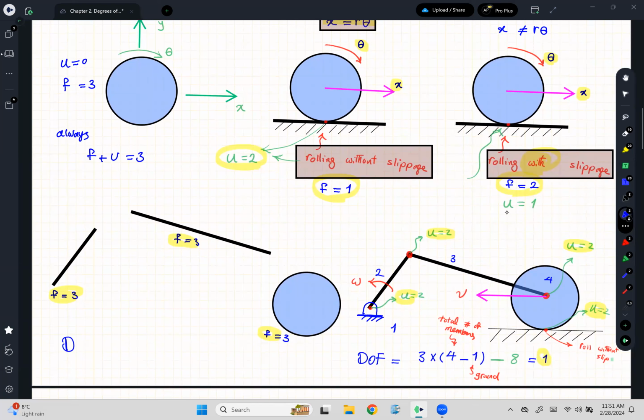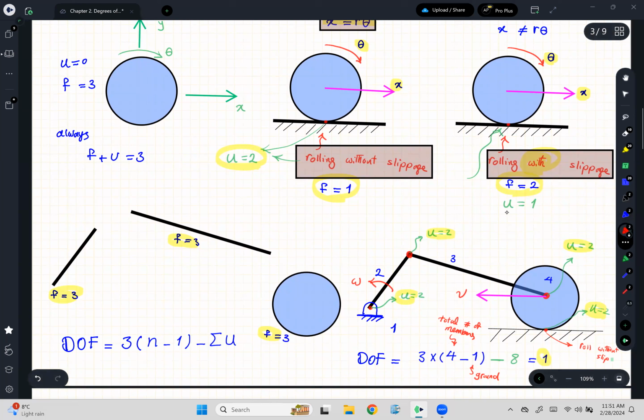Degrees of freedom is equal to 3 multiplied by n minus 1, minus sum of u. Now it looks like a very interesting, and you may say even a sexy formula, right?